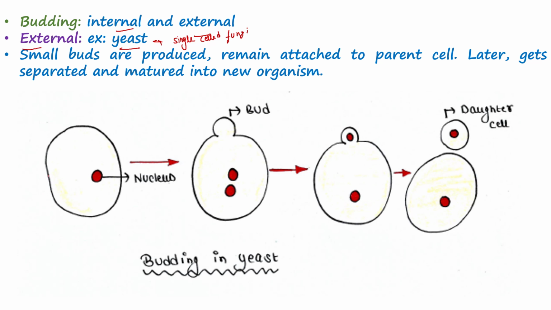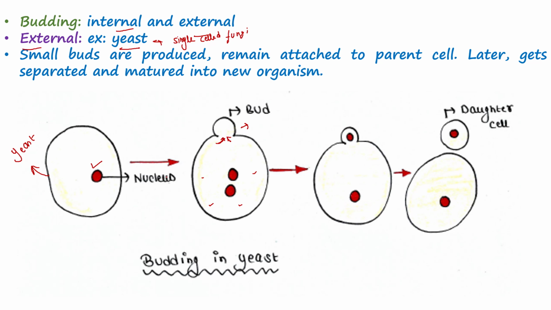So this is a single-celled yeast and it has a nucleus as usual, and now this part of the cell gets swollen like this, and this swelling can occur in any part of this cell. So this is actually a random process.